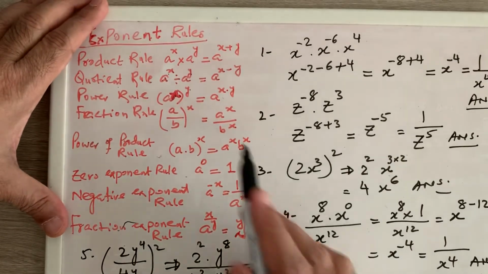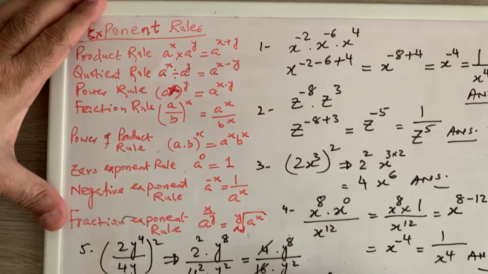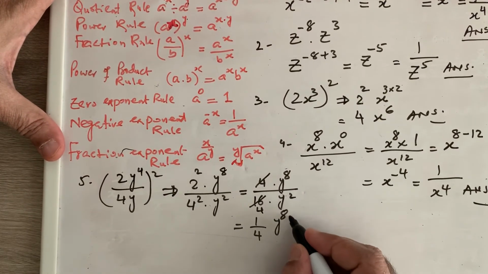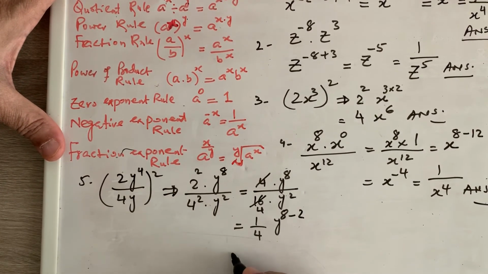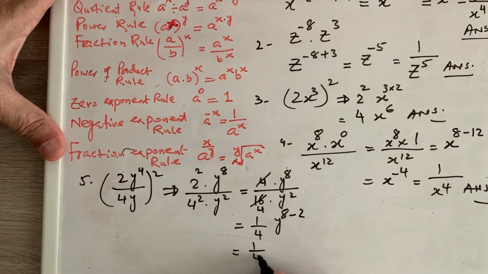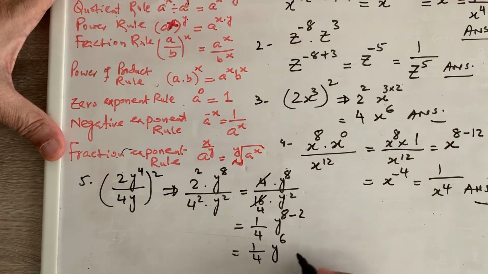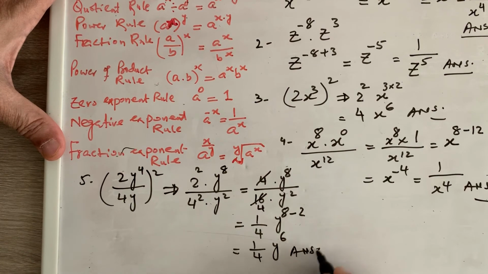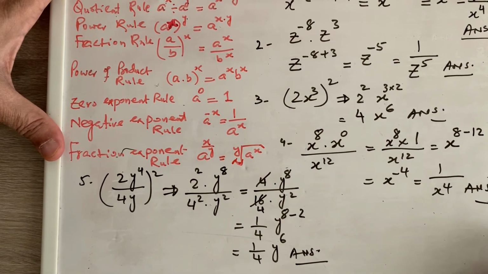The quotient rule says the powers get subtracted, so 8 minus 2 gives me 1 over 4 y to the power 6. So this is how we can carry on our examples.